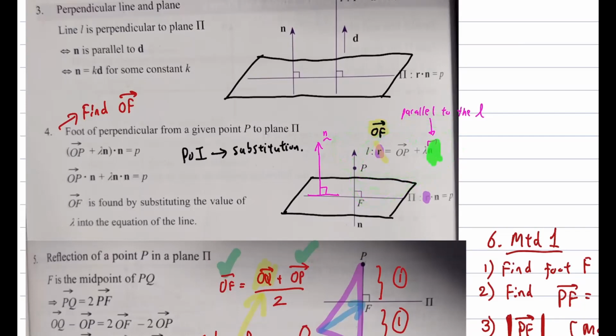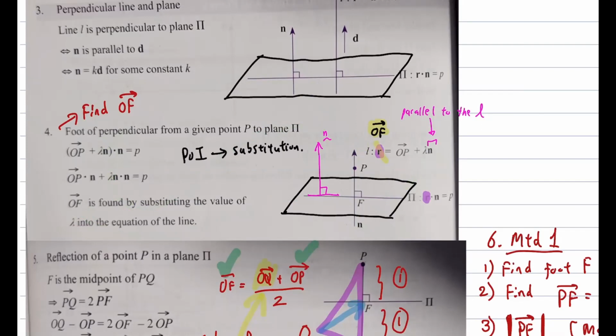N is a vector that is the normal of the plane. It is parallel to the line PF. Then after that, you've got the line already, just sub in. Then you can solve for lambda. Then after you solve for lambda, you substitute back into the equation of the line, and you're able to solve for OF.